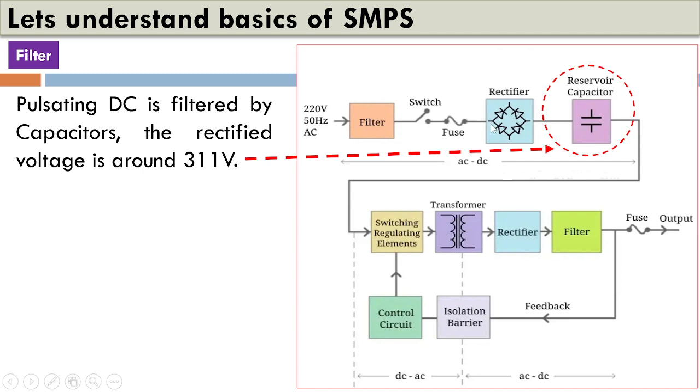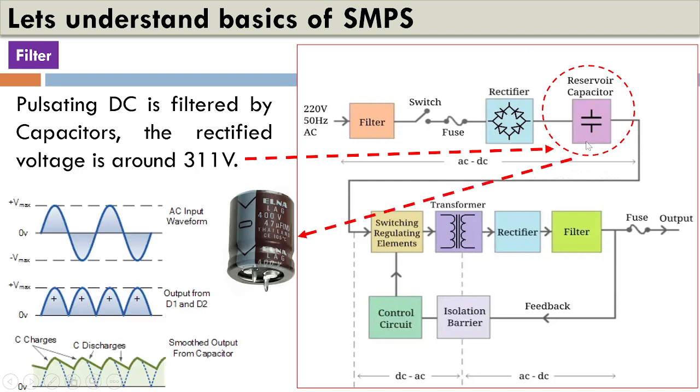So when we rectify, the peak of the voltage will be 311, and that will be available across this filter capacitor. Now the filter capacitor here ranges from 47 microfarad to 100 microfarad in case of SMPS, and the voltage rating of the capacitor has to be greater than 400.